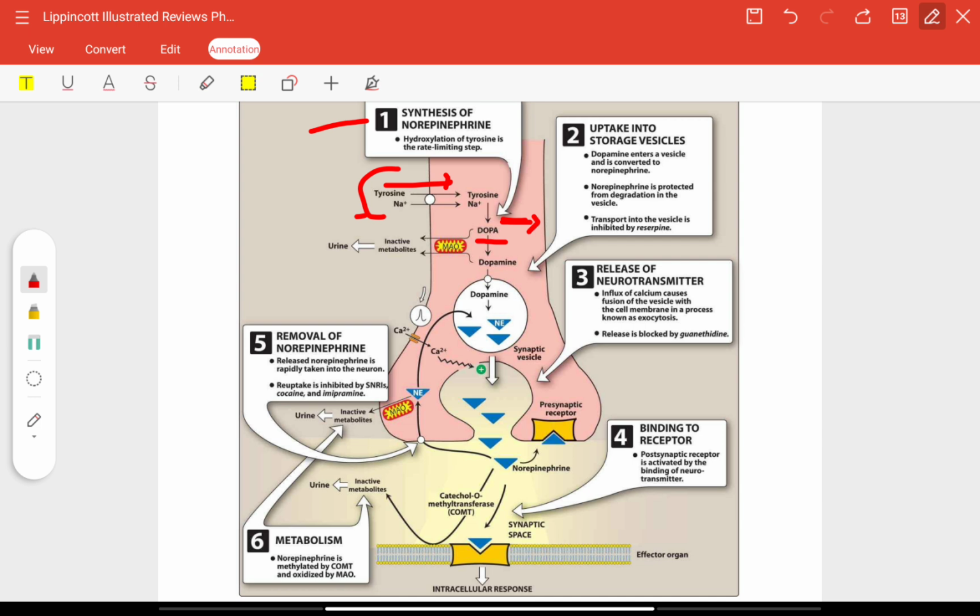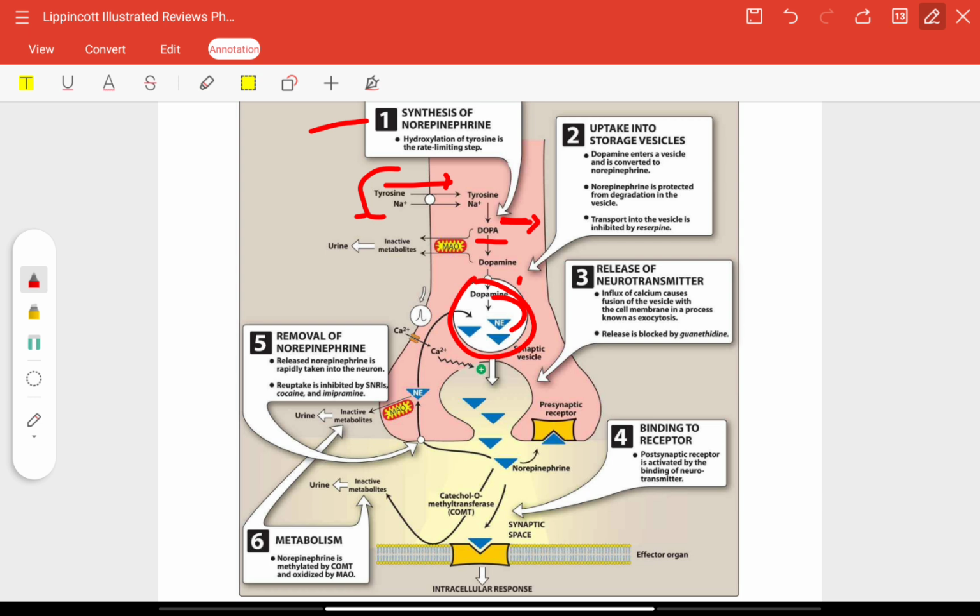When dopamine enters the vesicle, it gets converted into norepinephrine. Norepinephrine is protected from degradation, that's why it is stored in the vesicle. If you inhibit the transport into the vesicle, the system will be blocked.